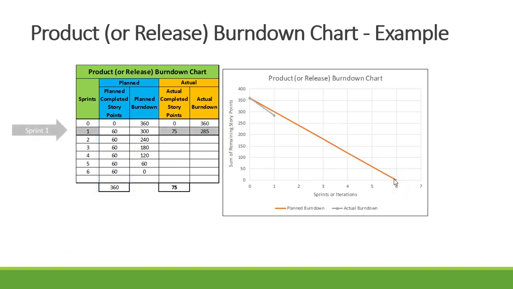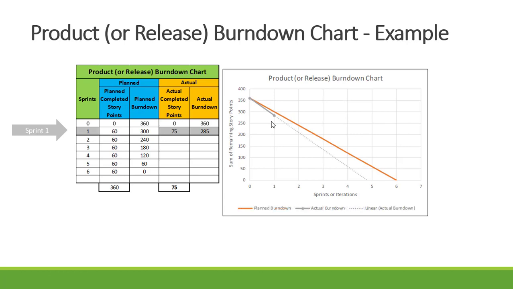Now, after sprint 1, 75 story points were completed as part of sprint 1. So we'll start off with our 360 minus 75, and we've got 285 story points remaining after sprint 1, which indicates that we are slightly ahead on our project.